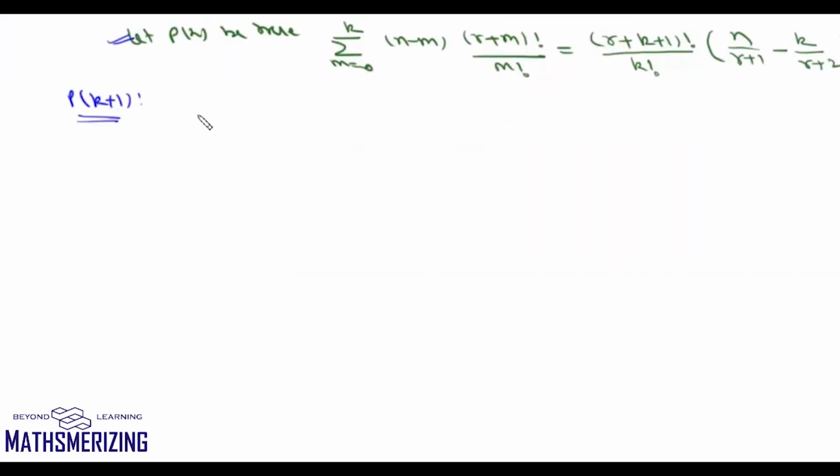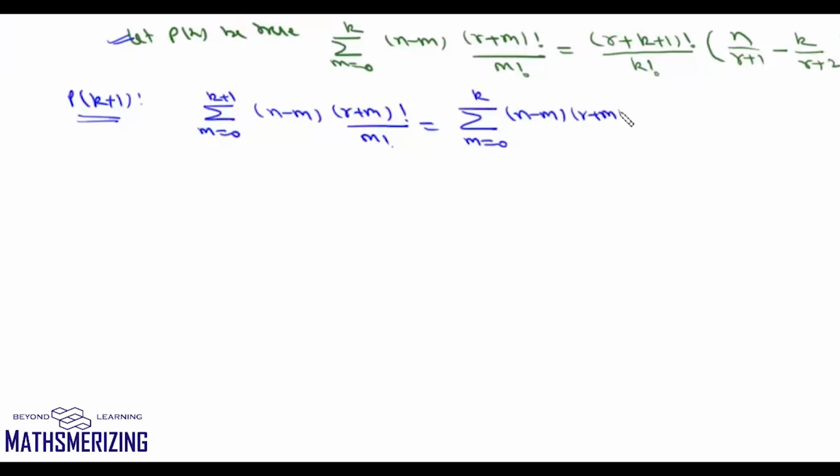Now we can write Pk plus 1 as summation m varies from 0 to k plus 1 n minus m into r plus m factorial upon m factorial, which we can also write as summation m varies from 0 to k n minus m into r plus m factorial upon m factorial, and then plus when the value of m is k plus 1.